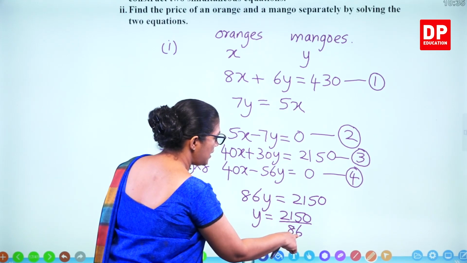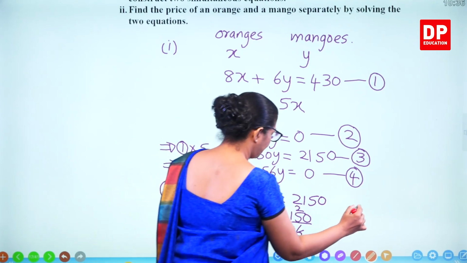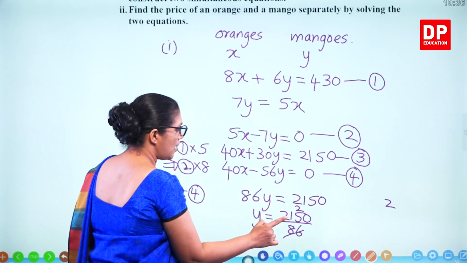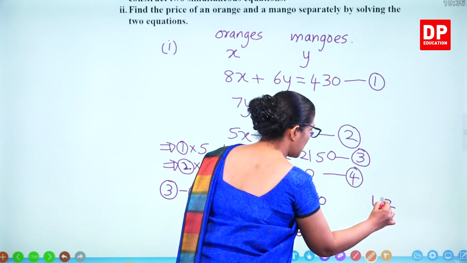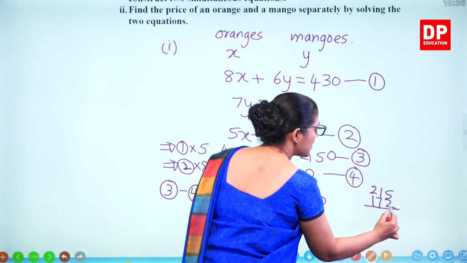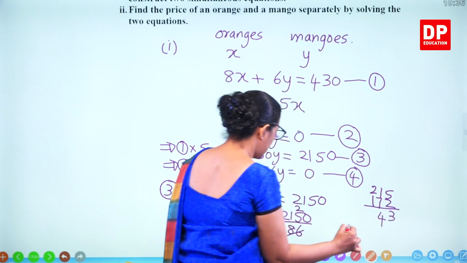2 times this. 2 times 6, 12. 2 times 8, 16 plus 1, 17. So 215 minus this, you get 43.